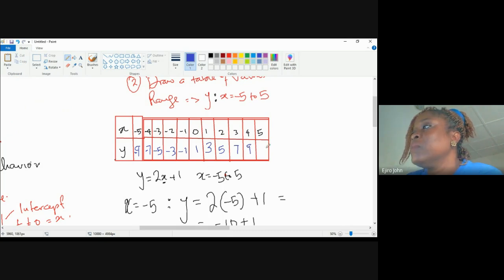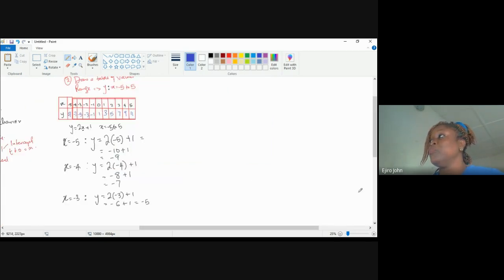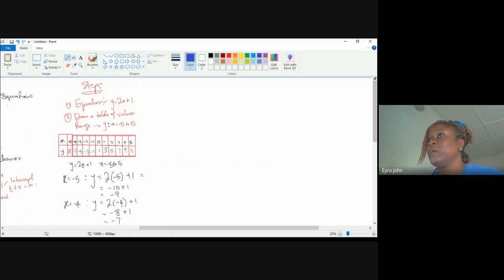And 5 gave us 11. Voila. So now we have our table of values. Once you have your table of values, you are ready to plot your graph.